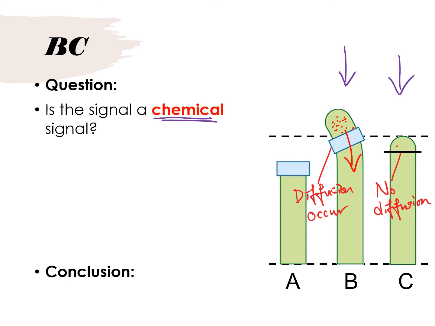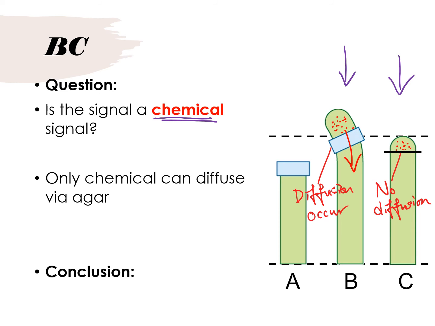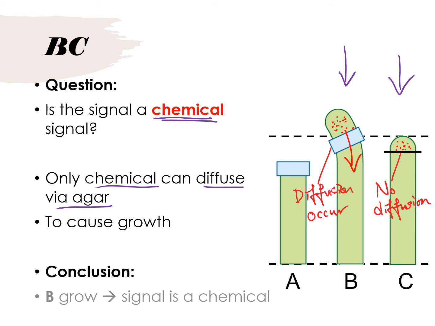But in setup C, even though the tip gives the signal, it cannot diffuse down because the mica plate does not allow anything to pass through. So since after a few days, only chemicals can diffuse through the agar to cause growth, and B still has the growth, that means the signal must be a chemical signal.